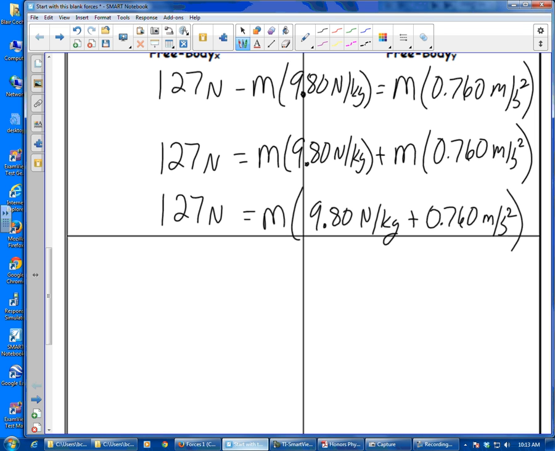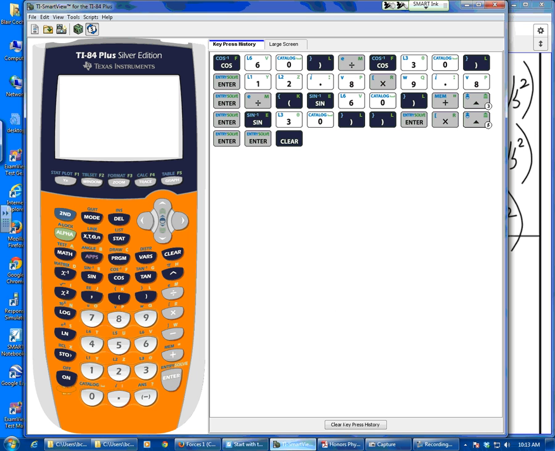So I'm left with, simplifying a little bit more, 127 newtons equals m times 9.8 plus 0.76.